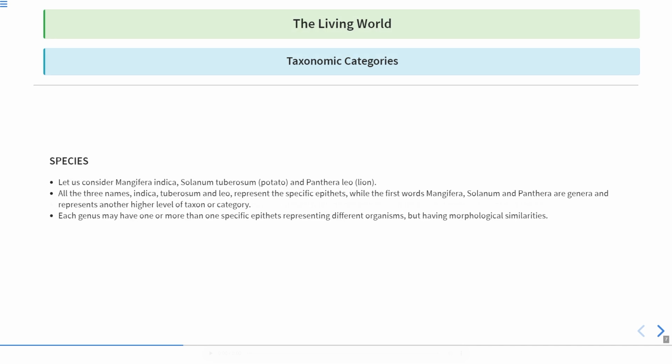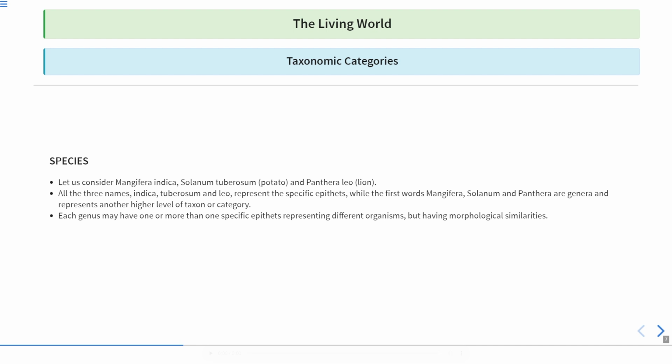Let us consider Mangifera indica, Solanum tuberosum, and Panthera leo. Mangifera indica means mango, Solanum tuberosum means potato, and Panthera leo means lion. All three names, indica, tuberosum, and leo, represent the specific epithet, the second name.